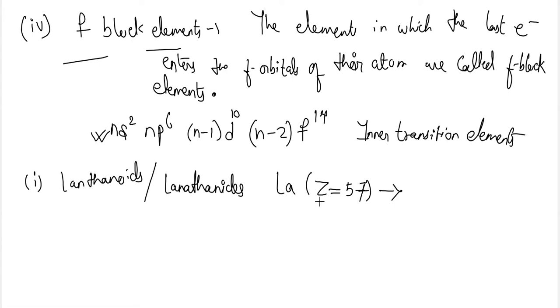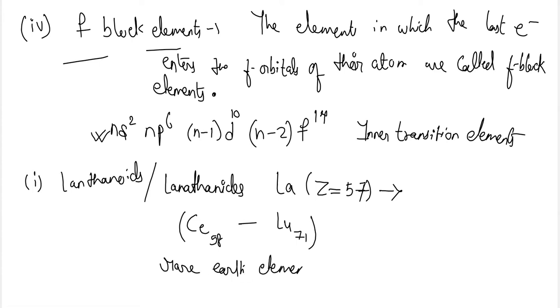The first element here is lanthanum, and according to that name the series is called lanthanoids or lanthanides. The elements included here are cerium 58 to lutetium 71, and they are termed as rare earth elements.